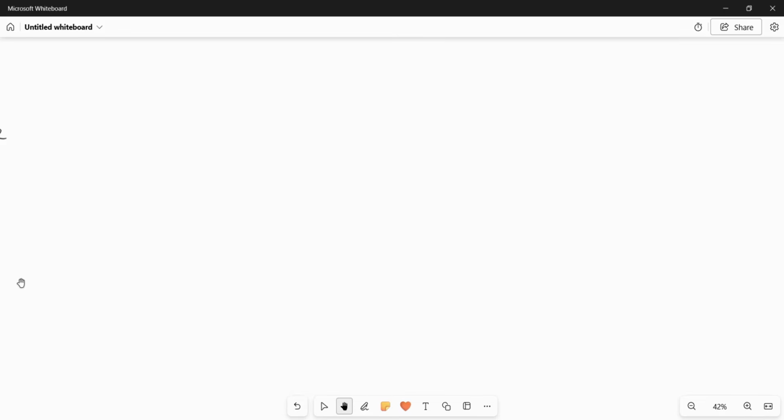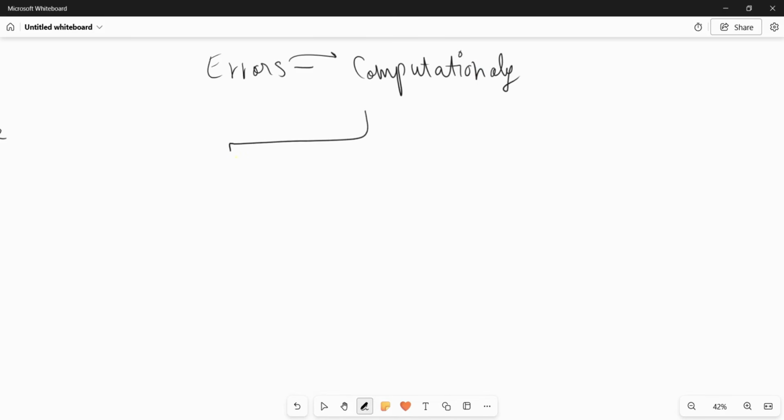Now moving to the next part, again one general topic is errors. You can encounter a lot of errors in any simulation that you do, because this is something that you're doing computationally, so you are bound to have errors. Now these errors can be of three types.